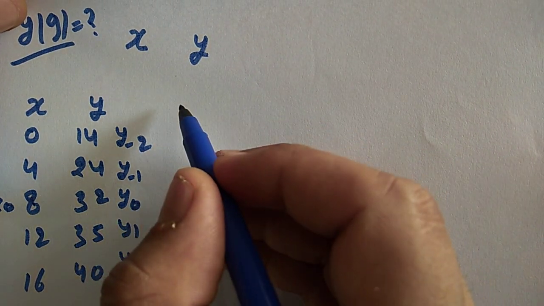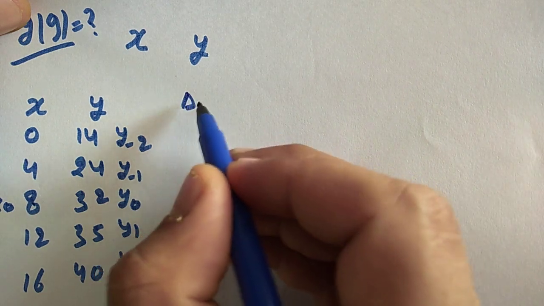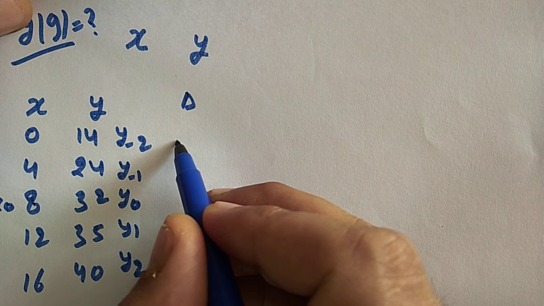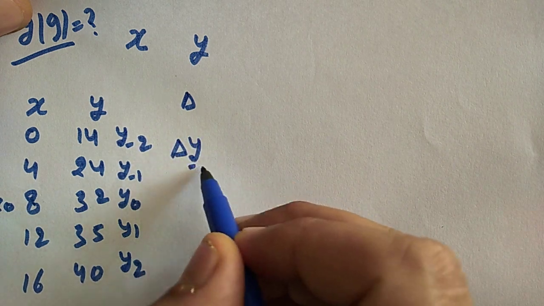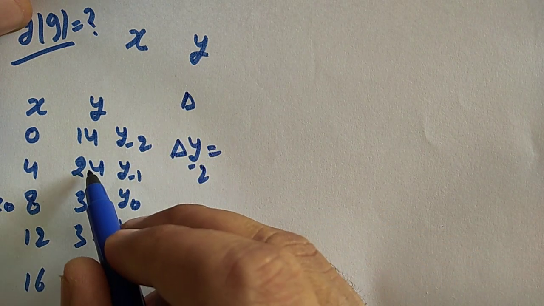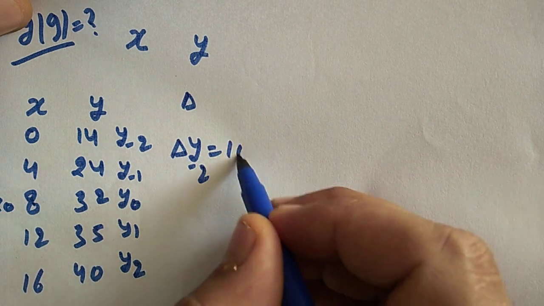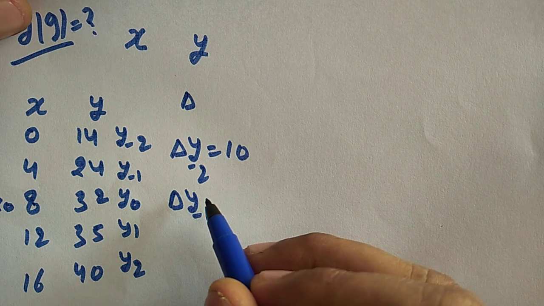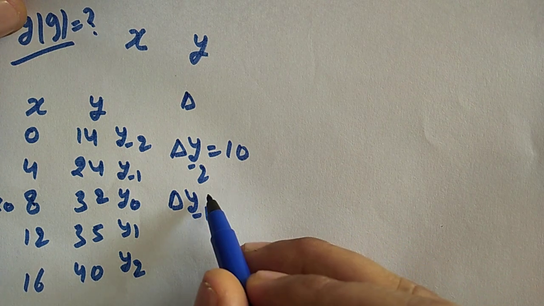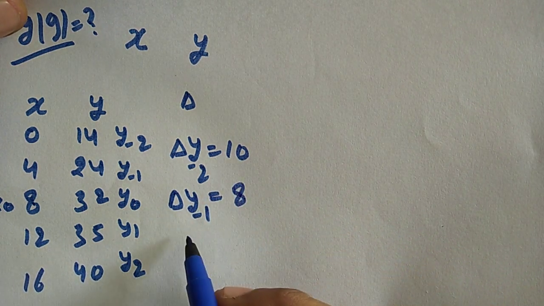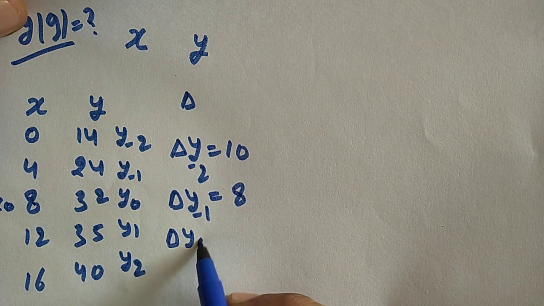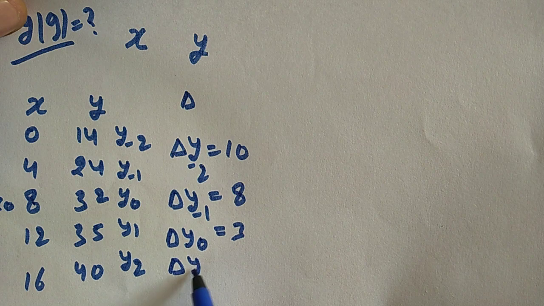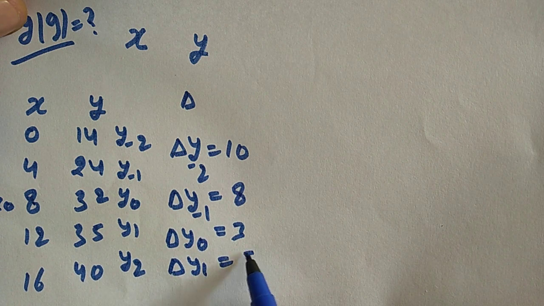Fine. So now the first differences delta we can have. So delta y minus 2 equal to 24 minus 14, 10, and delta y minus 1 equal to 8, and delta y0 equal to 3, and delta y1 equal to 5.